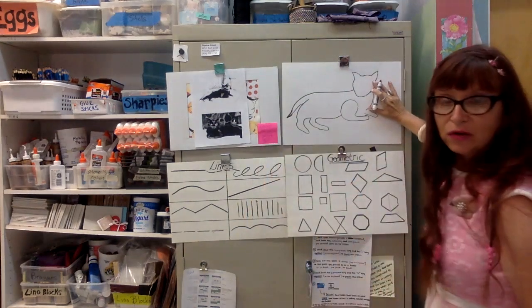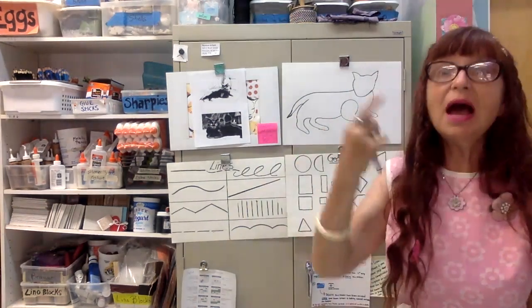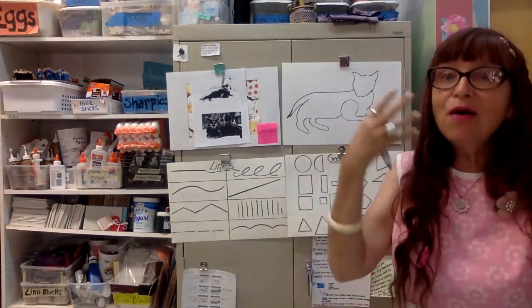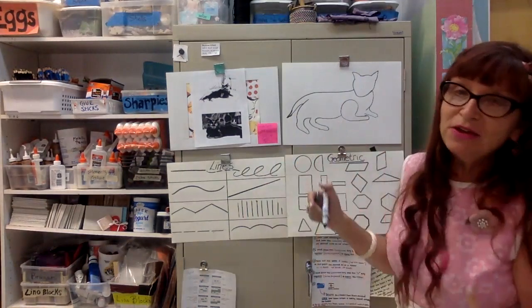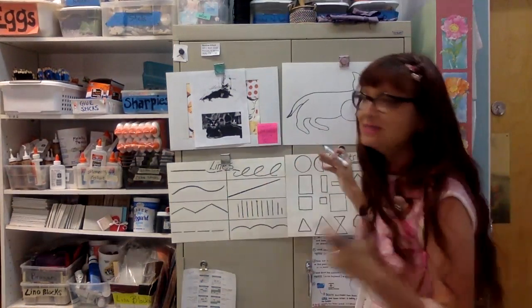And then get creative with the face. And so you know the cat has two eyes, a nose, a mouth, whiskers. You could make your cat winking, sleeping, blinking, surprised.